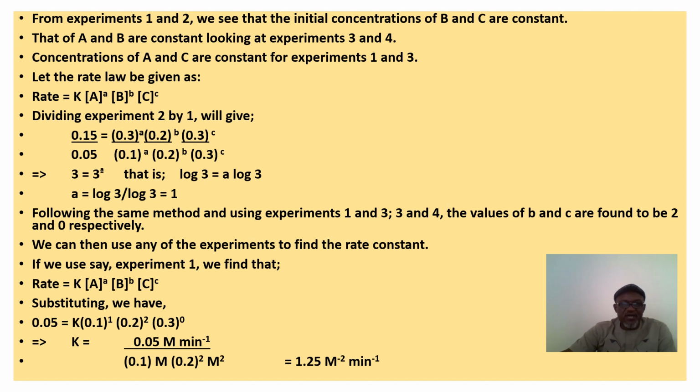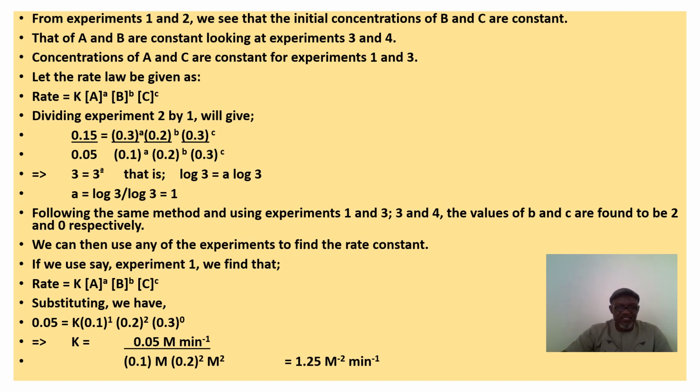So the value of our order of reaction with respect to A is 1. Following the same method and using experiments 1 and 3, and 3 and 4, the values of B and C are found to be 2 and 0 respectively. I will need you to pause this video, go back to the table, look at experiments 1 and 3 and also 3 and 4, and solve the same thing we did and see whether you will get 2 and 0 respectively.